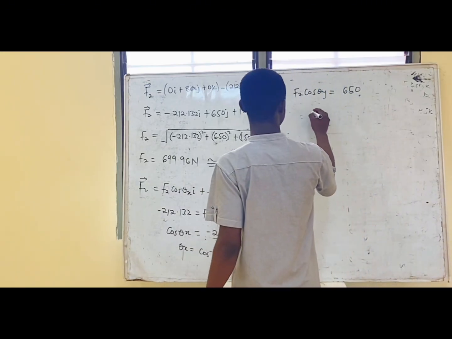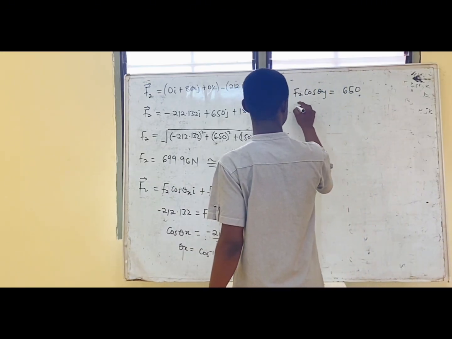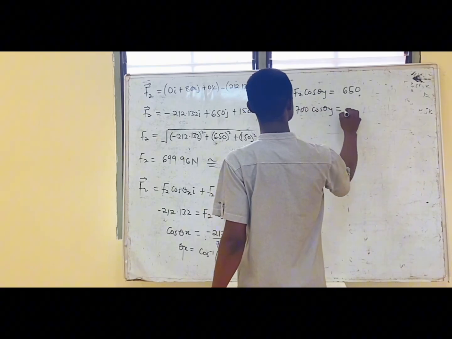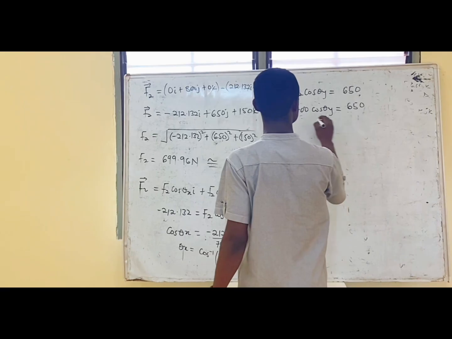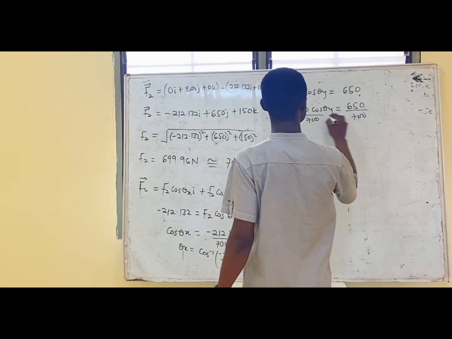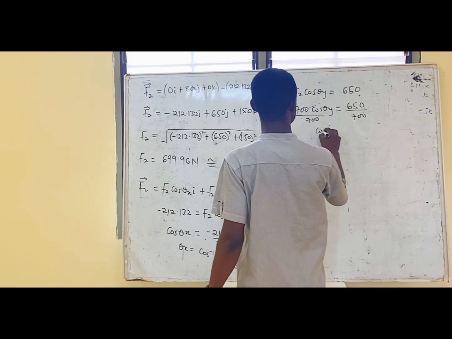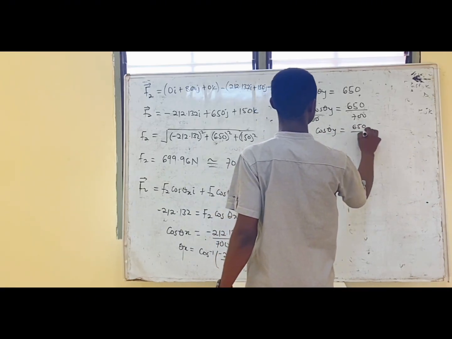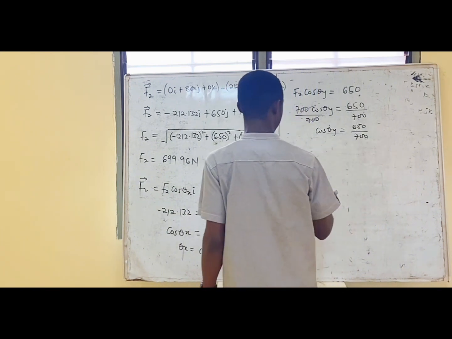So we get our F2, which is 700 cos theta y, to be equal to 650. So you divide both sides by 700. This takes off this. Cos theta y will be equal to 650 over 700.